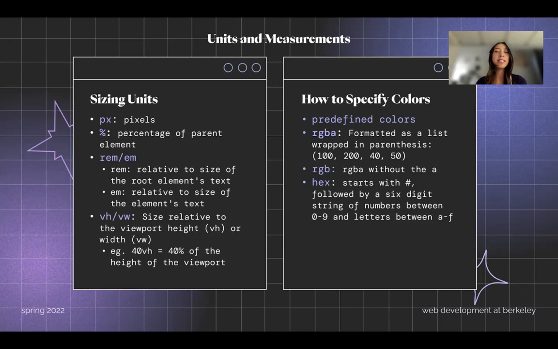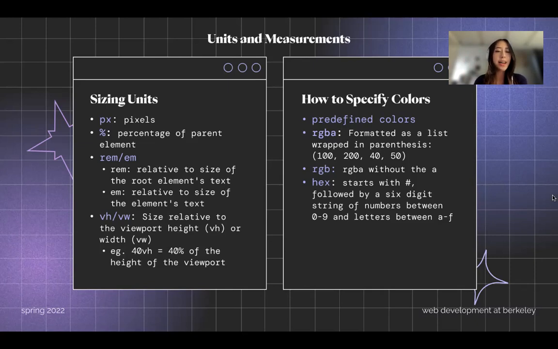So I believe that would be relative to the entire HTML styling, like the universal tag, whatever you put in there, it's relative to that. And then em is more relative to the size of the element's text. That's a lot more local, I guess. That's how I think of it.